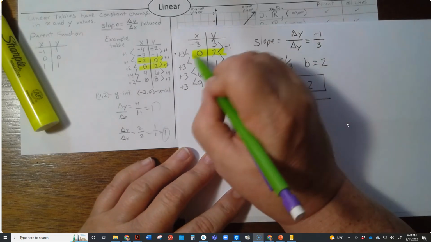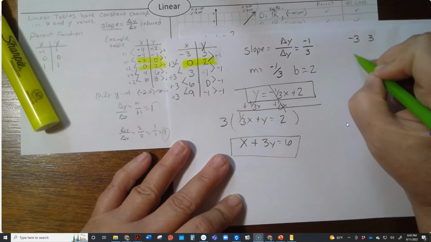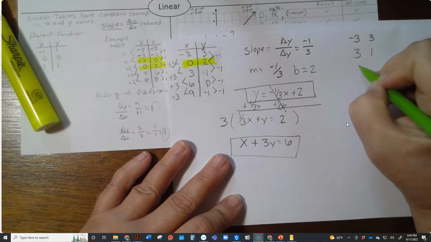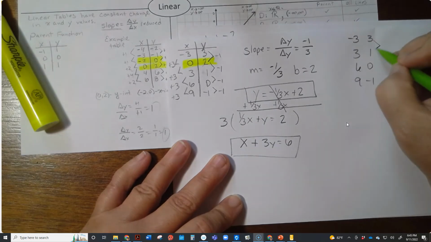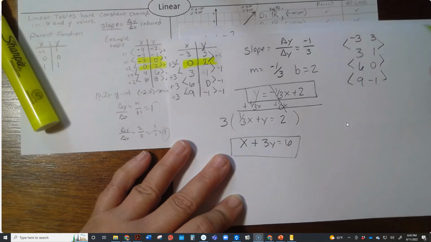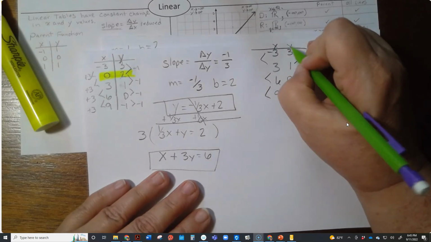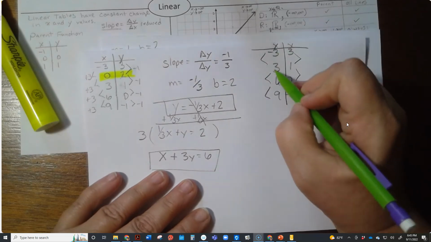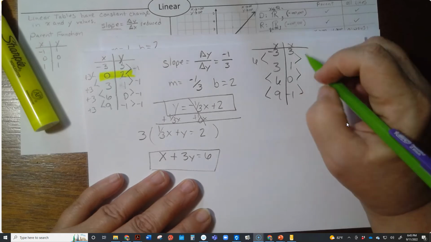What if that number hadn't been there? So what if it had been, let's say it just been 3, 1, 6, 0, 9, negative 1. We could have still found the same thing that we did before. We still would have found this was a change of 6. This was a change of from 3 to 1.